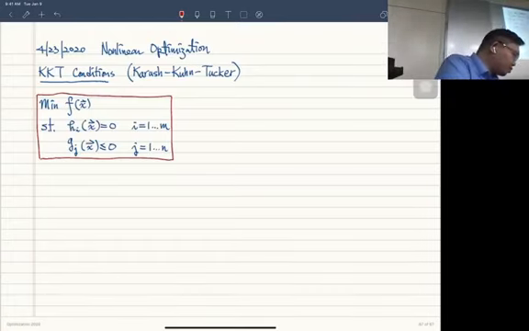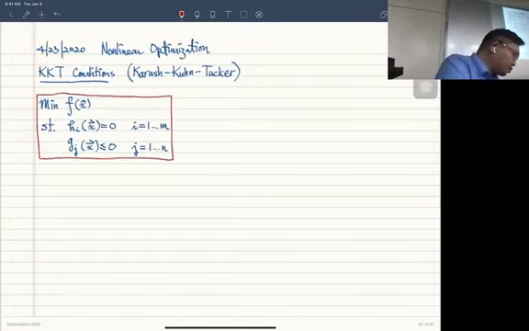If the method takes the point somewhere, but the new point becomes infeasible, so the new point doesn't satisfy the constraint, then the method may not be a good method, because probably the method cannot take the design point back to the feasible domain. So most of the methods try to keep the feasibility of their design points.